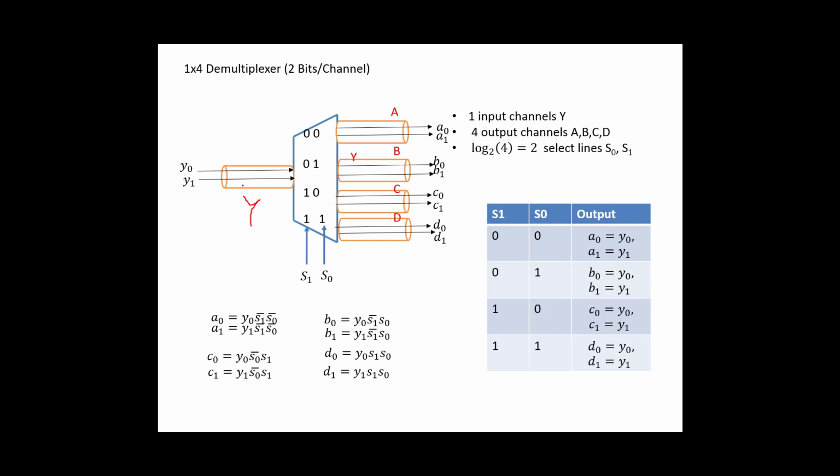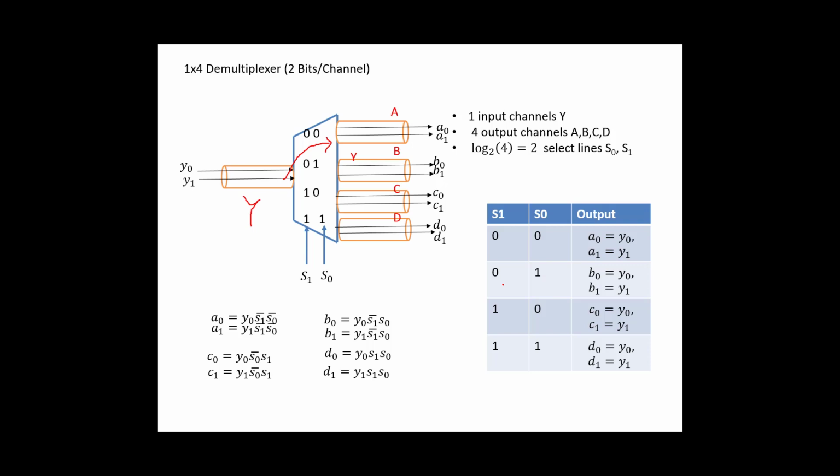And since the number of select lines is always equal to the binary logarithm of number of output channels, we have two select lines S0 and S1. So when S0, S1 both are equal to 0, the input channel is connected to the output channel A, such that Y0 is connected to A0 and Y1 is connected to A1. So A0 equal to Y0, A1 equal to Y1.